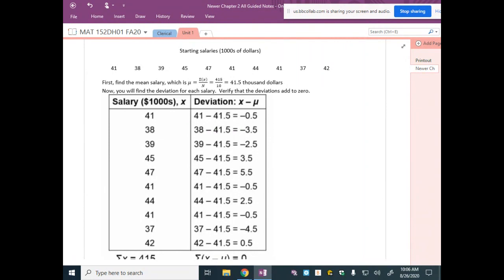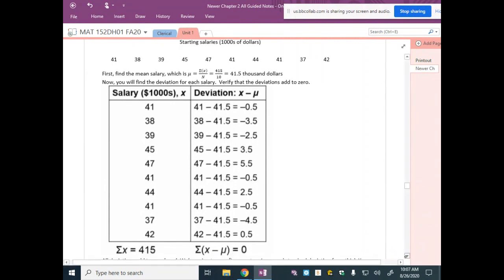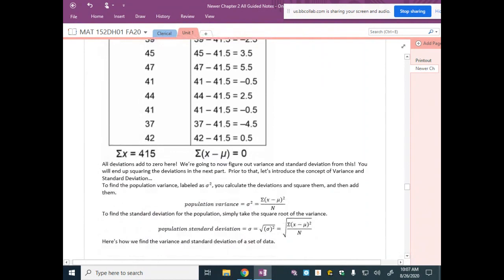What is going to happen is all of these deviations will add up to 0. That's not really how we're going to calculate standard deviation. What we have to do is figure out variance and then standard deviation.